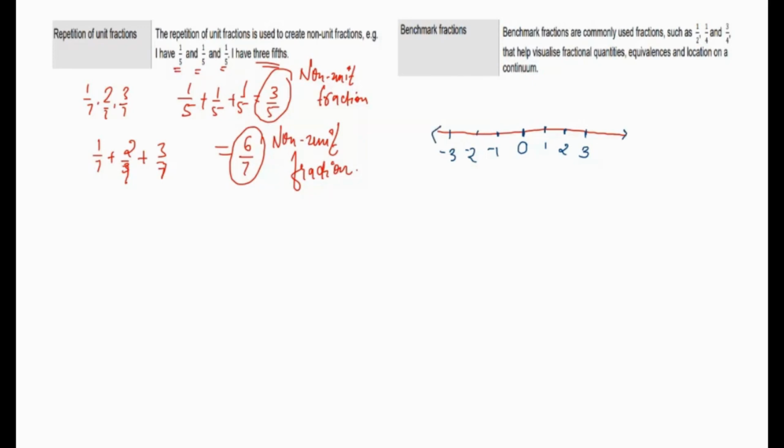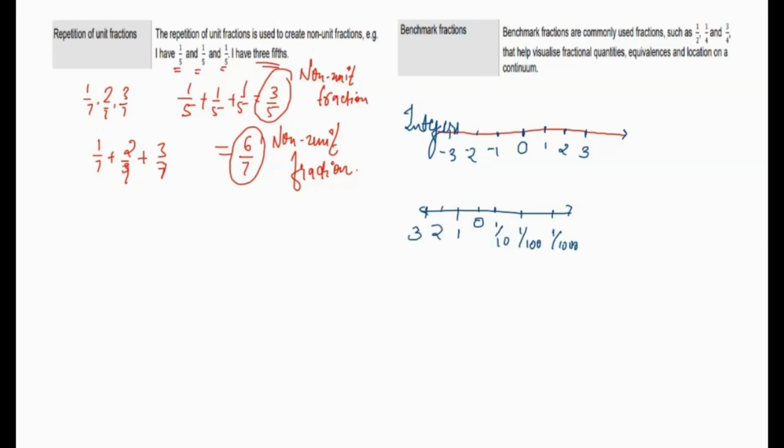But if I talk about decimals, then the number line will be 0, and we will take tenths here like 1 by 10, 1 by 100, 1 by 1000, and similarly here I will take whole numbers 1, 2, 3, 4.